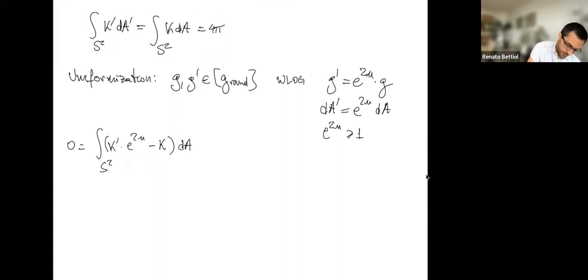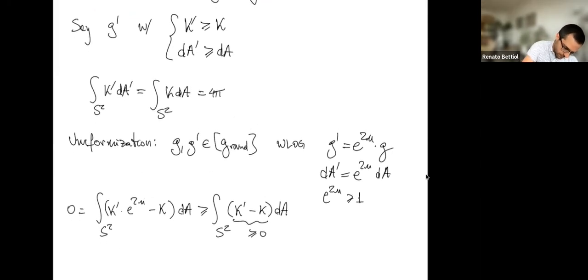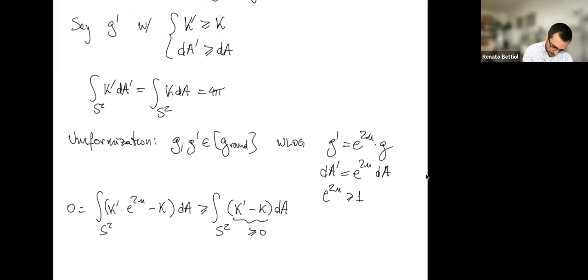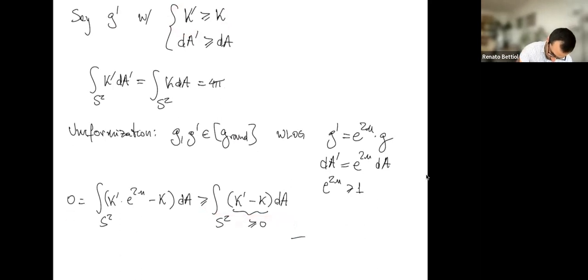And e to the 2u is bigger or equal than 1, so this whole thing is bigger or equal than just the integral of K prime minus K, which I assumed was non-negative. K prime minus K is bigger or equal than 0. But this integrates to something that is less or equal than 0, so it better be 0 everywhere. So you conclude from here that K prime is actually equal to K everywhere.